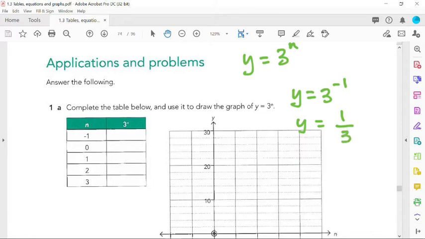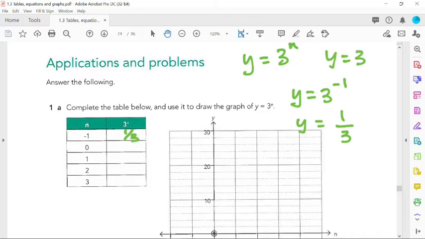And if the 3 moves down, that makes your exponent positive. And then it leaves a 1 up top because you always have to have something in the top of a fraction, right? So, yes, you'll have a calculator, so you could just plug that in. But it's faster if you just memorize it, right? You can just write it down. But it doesn't matter. How you get there is not the thing I'm looking at.